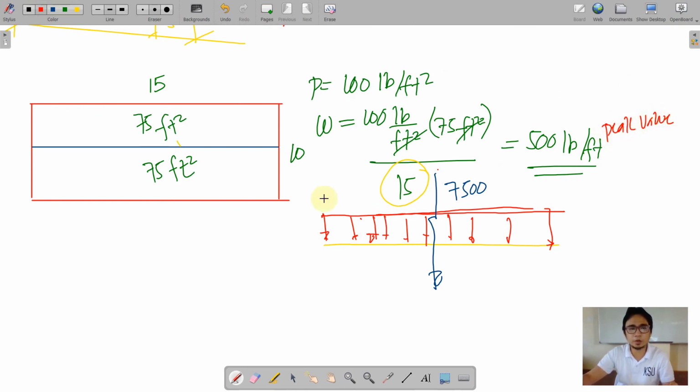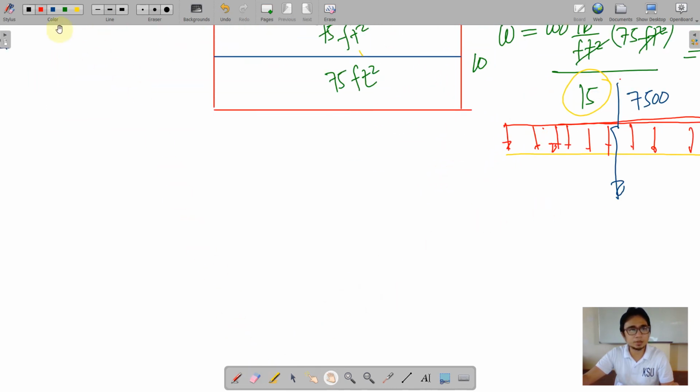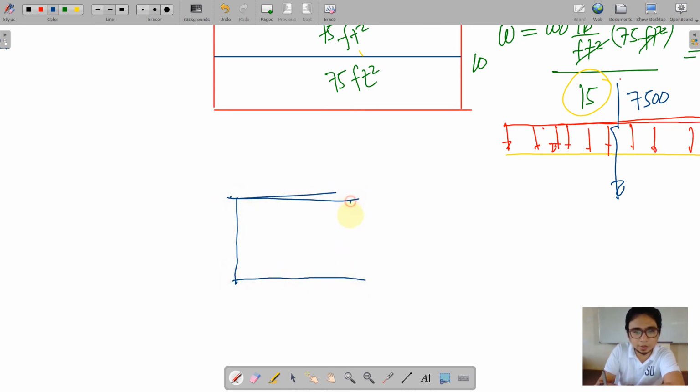Wherein if we are going to illustrate now the distribution of our slab, it is like this. See, this is our slab. This is 15 and that is 10. Just draw a 45 degrees there.